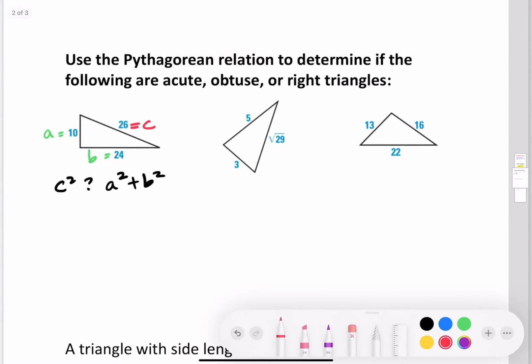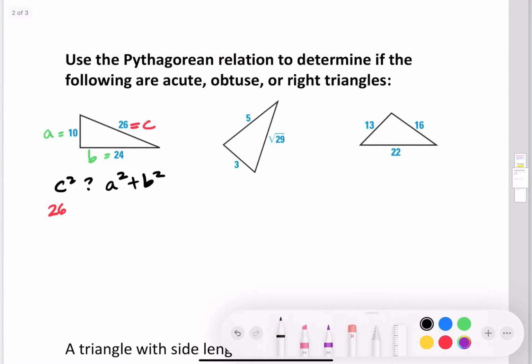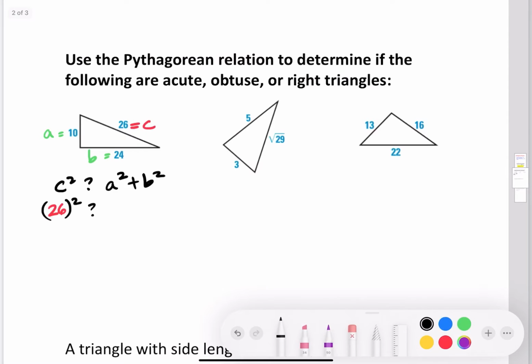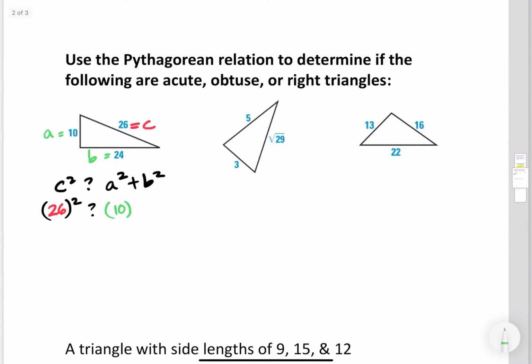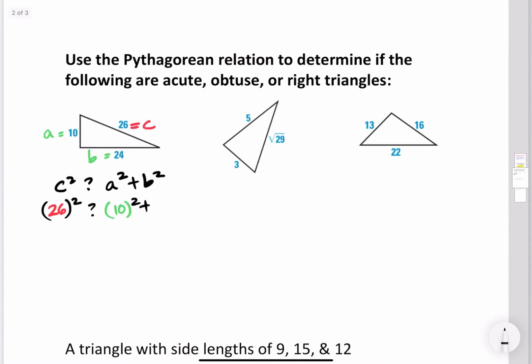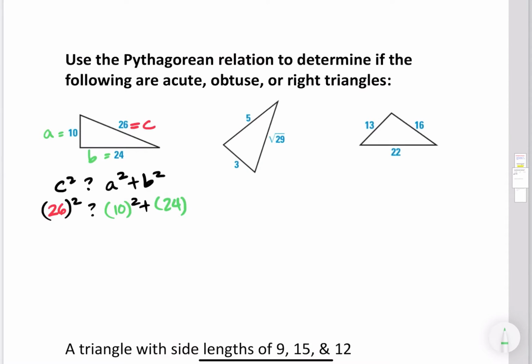So I'm going to plug in our c value, which is 26, so that means 26 squared. Anytime you substitute, you're supposed to put it in parentheses. We're not sure what type of sign we have in between. Then we have our a value, 10, squared, plus our b value, 24, squared as well.